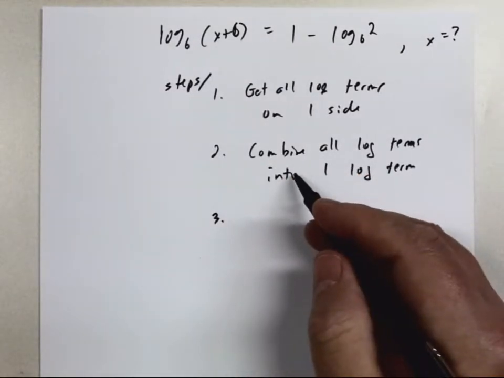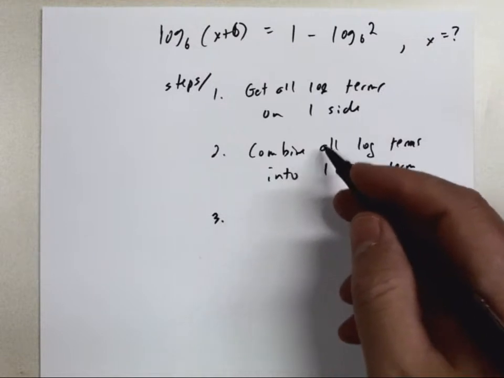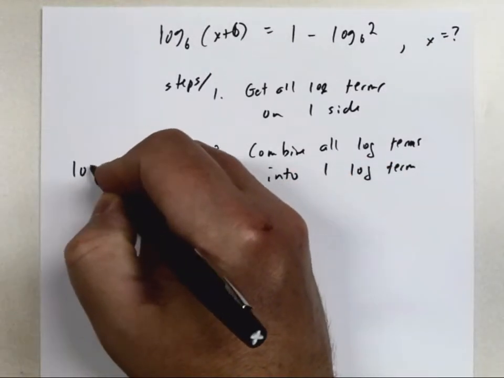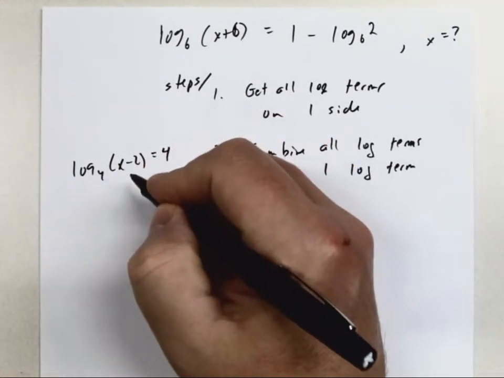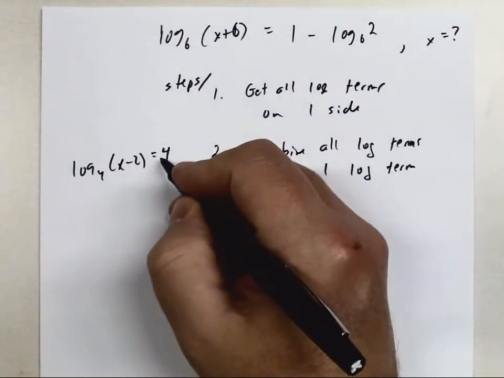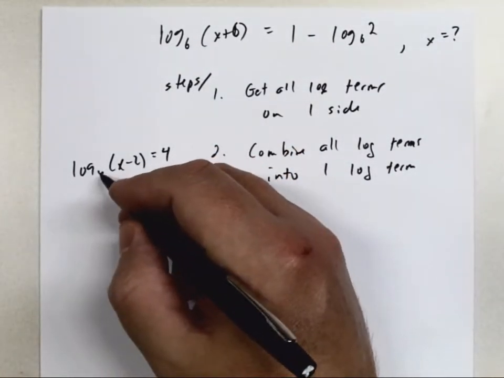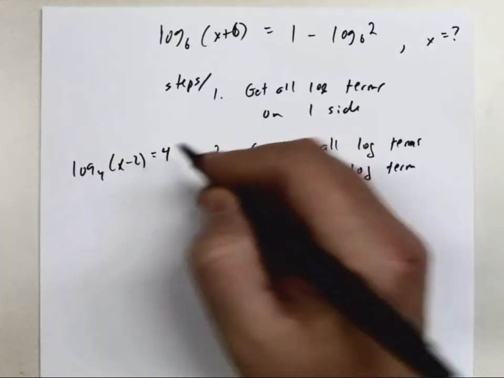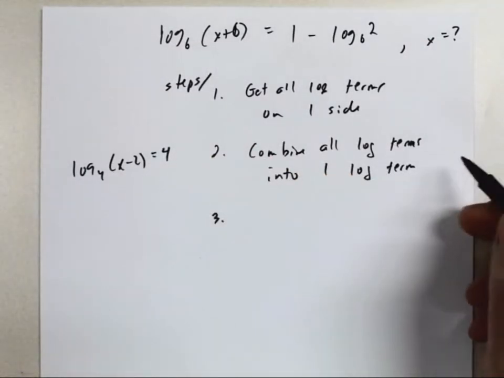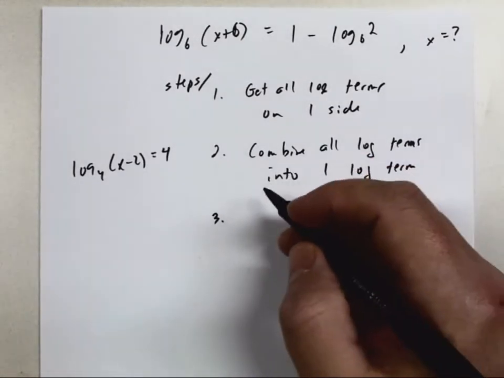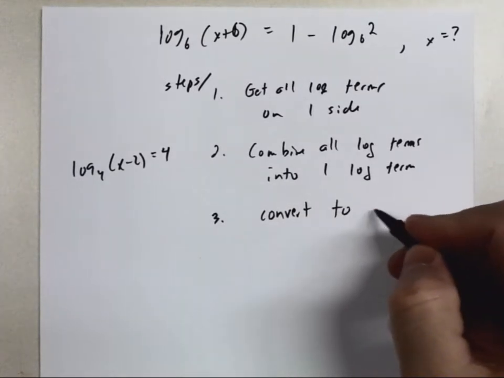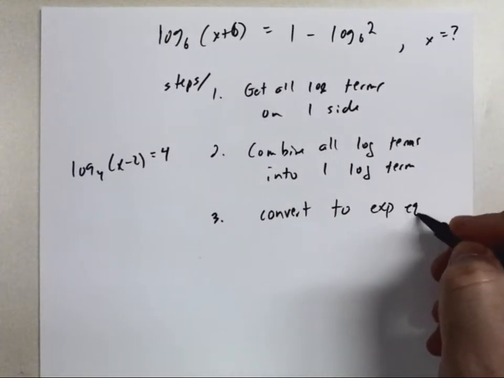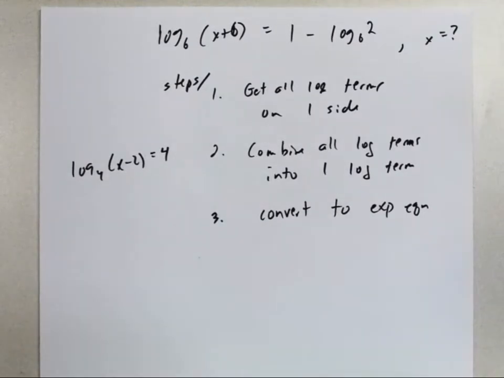So after step 2, your equation should be one log term on one side and a number on the other side. I'm just making this up. Maybe it's log base 4 of x minus 2 equals 4. So since it looks like that, I'm now going to take this equation with a log term and convert it into an exponential equation.